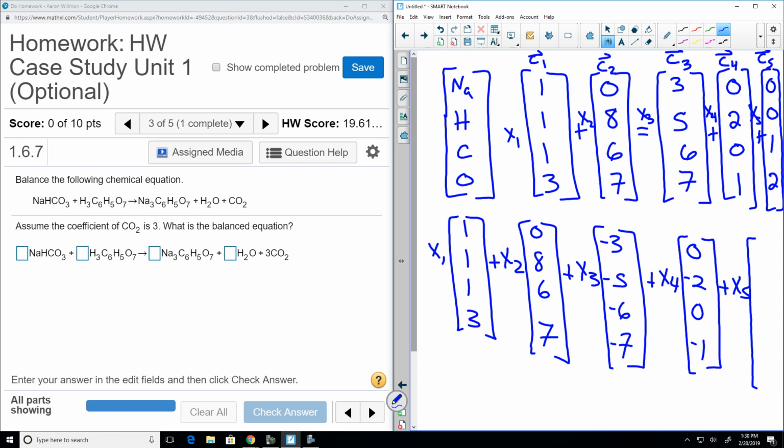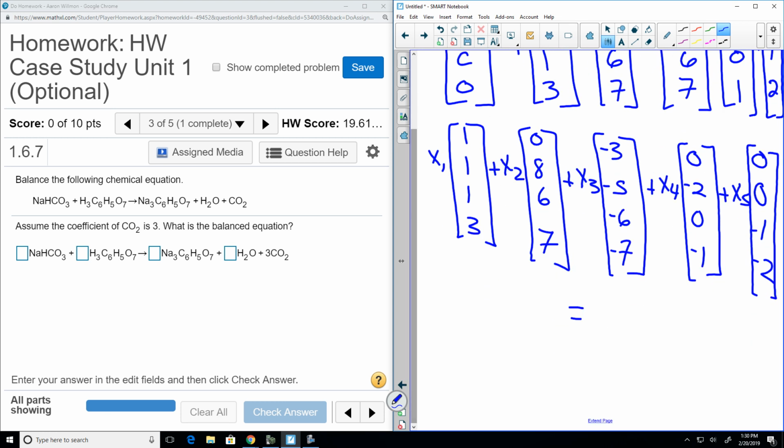I didn't give myself a lot of room. And then that has to equal 0. So I just took those vectors on the right side and moved them to the left, and I multiplied them by -1. Right? And I decided to do it inside the vectors.